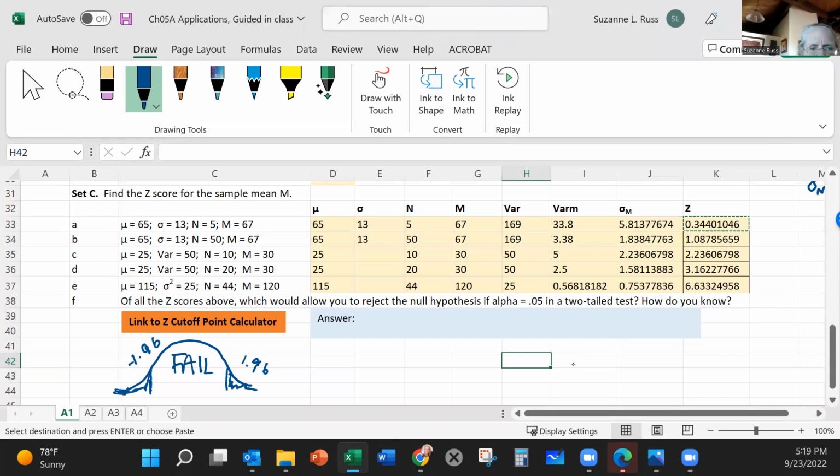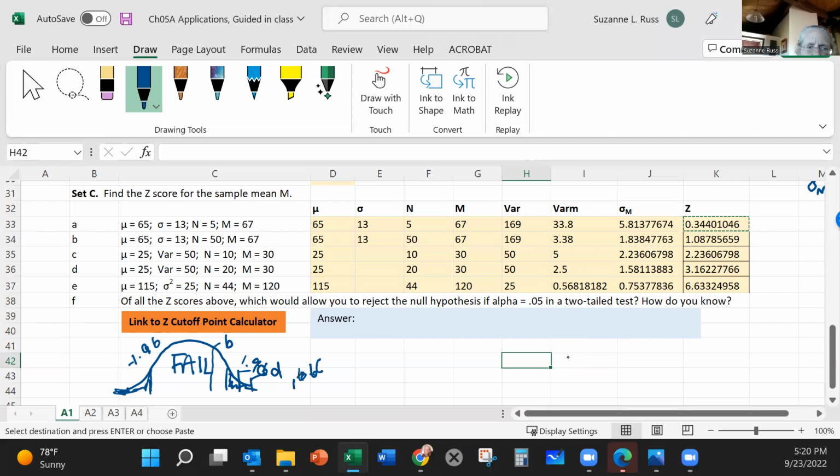So let's plot these out. The 0.34, I don't even have to think about. The 1.087 is going to be right about here. So this is B. 2.236 is going to be about here. So this is C. 3.162 is going to be out here. So that's D. 6.663 is going to be out here.